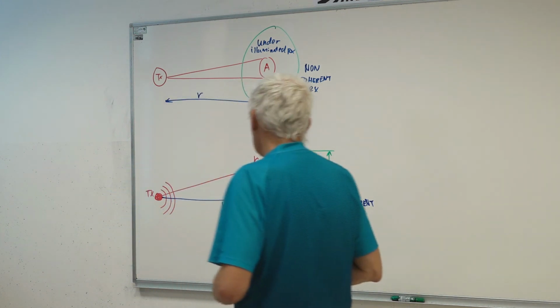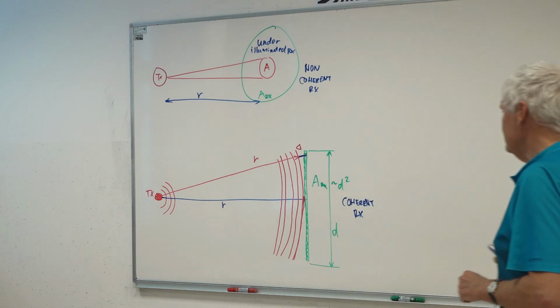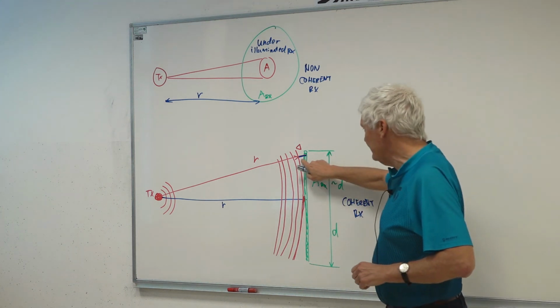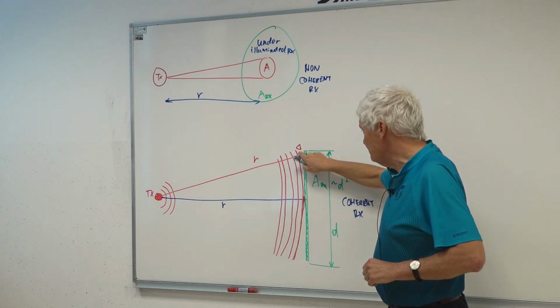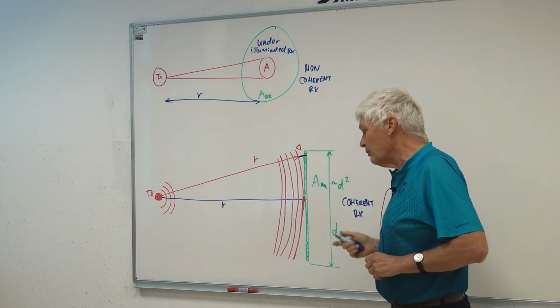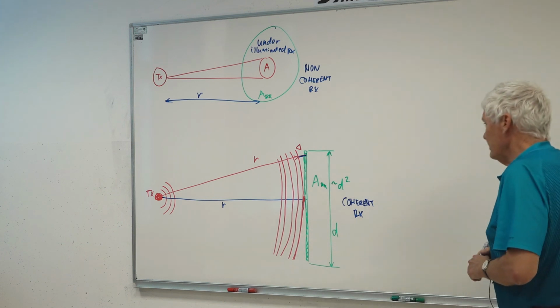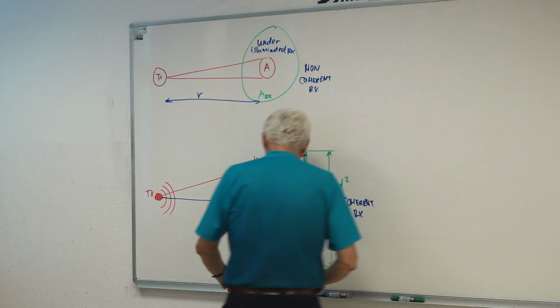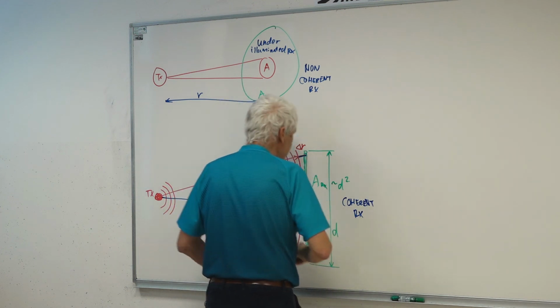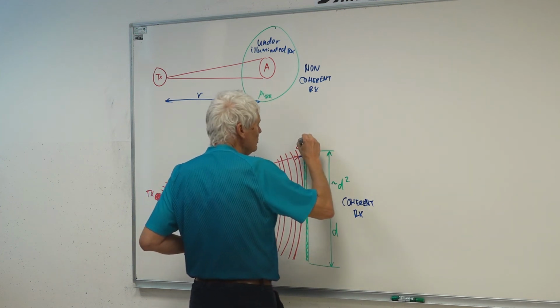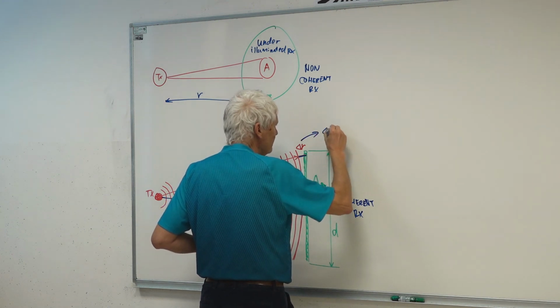A phase error. And this difference in the path traveled by the waves results in a path difference. Path difference provides a phase error. So this delta R here contributes to a phase error, delta phi.